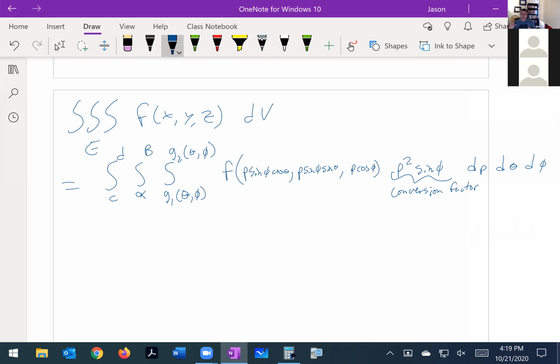Sometimes we have to think about what's the radius on the flat plane, and then what's the radius on the sphere.